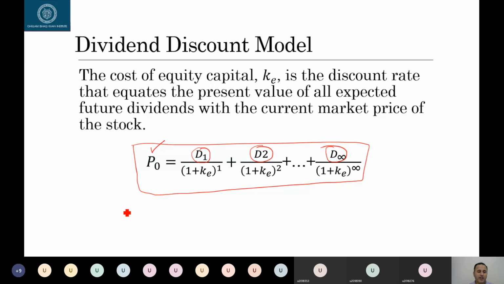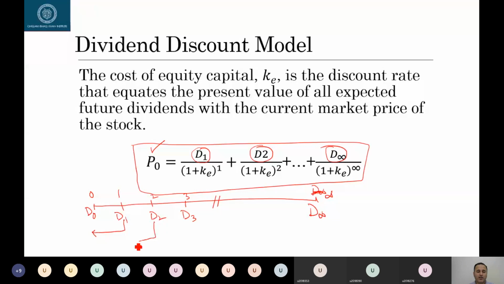At zero, I have D0 as a dividend, D1, D2, D3, and then D infinity. So this is infinity, and we have D infinity. What I need to do is discount all the dividends. But now the problem is, how do you forecast these dividends? Because 0 means today.